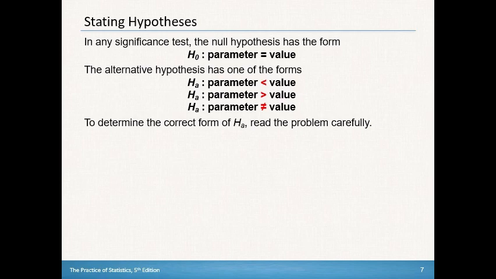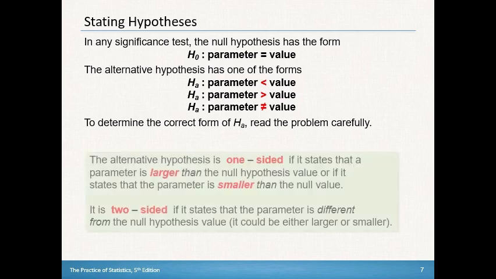If we don't have an indication of which direction, then we'll use not equal to, right? If we don't know this person who's throwing, we don't know if he's a braggart. Maybe he's very modest and he just says he's 80%. In reality, he's more. So if we don't have any inclination or direction of interest, we'll just say not equal to.